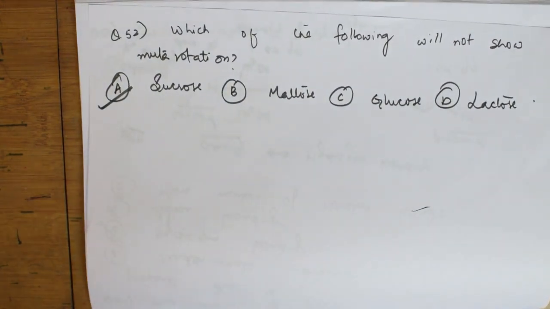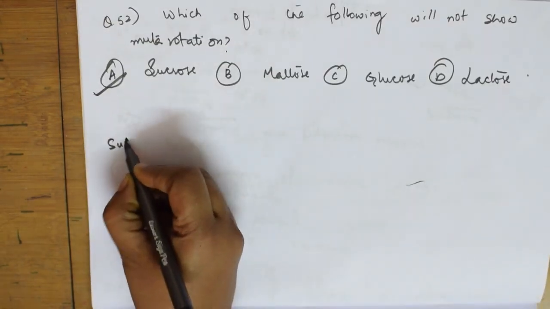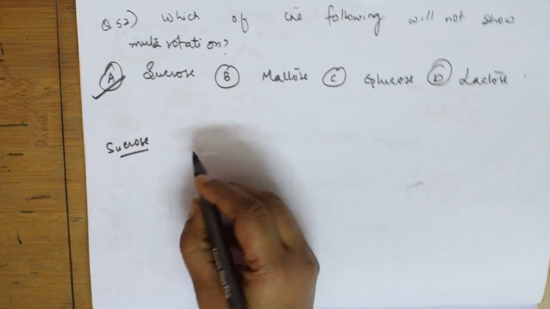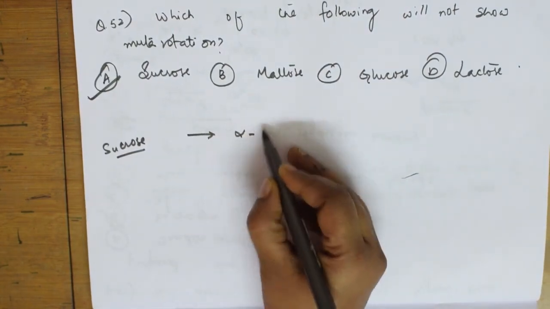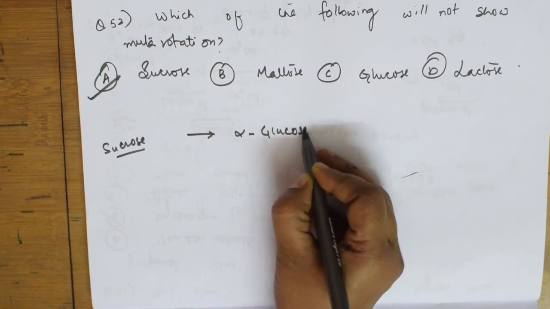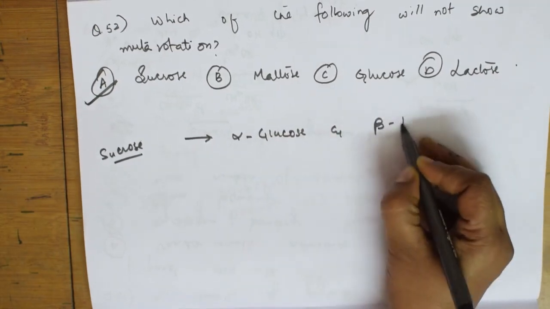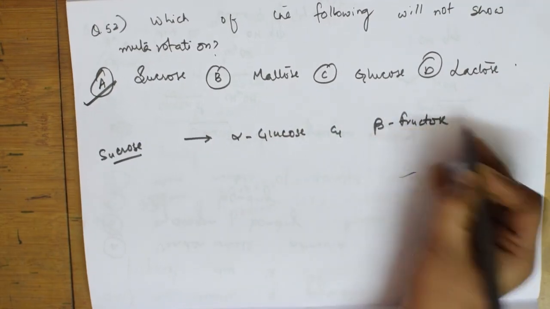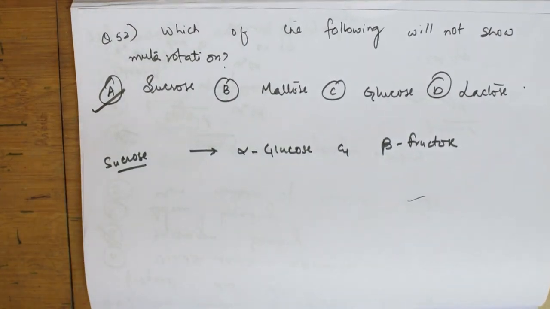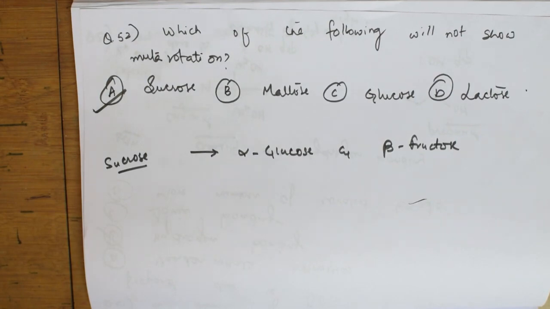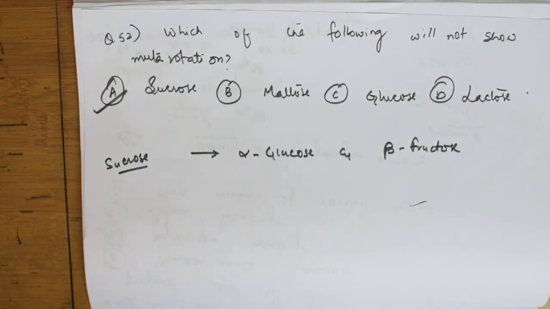What is the reason? Let us first write what actually sucrose is made up of. Sucrose is basically made up of a glycosidic linkage between alpha glucose and beta fructose. It's a combination, made up of alpha glucose units forming a glycosidic linkage with beta fructose. Here, let us draw the structure.